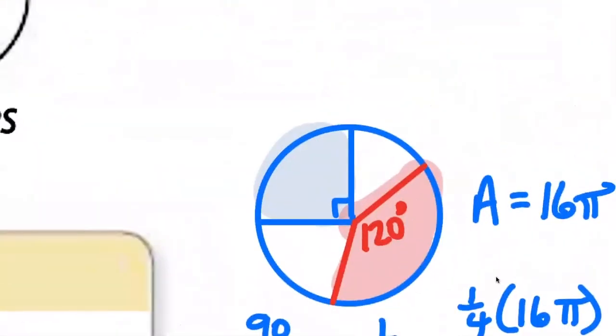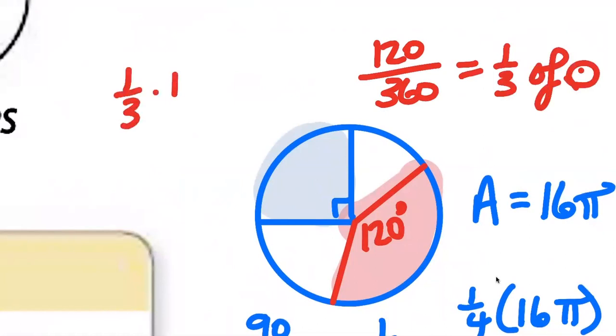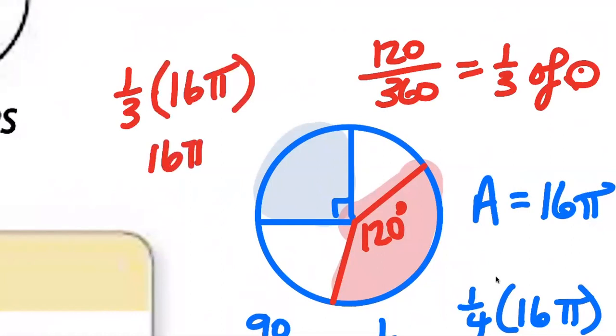That would be 120 out of 360, or 1/3 of the circle. And that means it would be 1/3 of 16 pi, or 16 pi over 3.